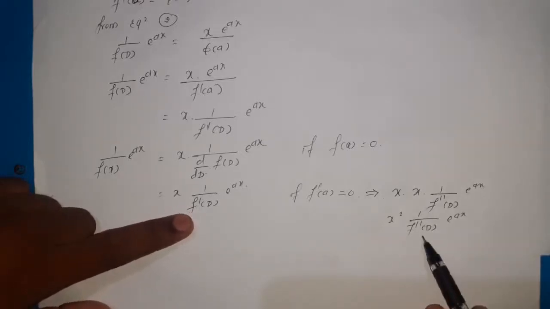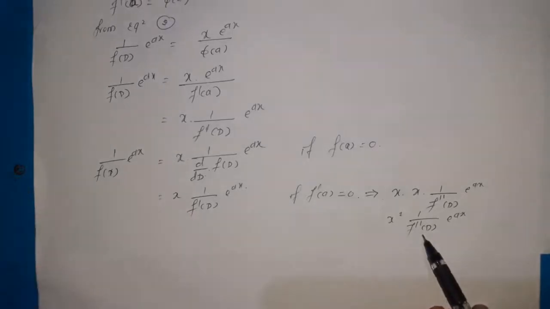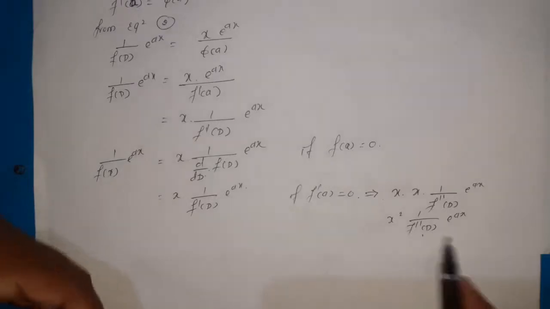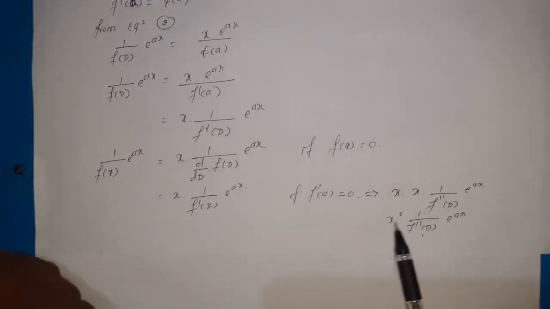And if f double dash of D is 0, then x cube into 1 divided by f triple dash of D e power x, and the process continues until we get a non-zero denominator in the function.